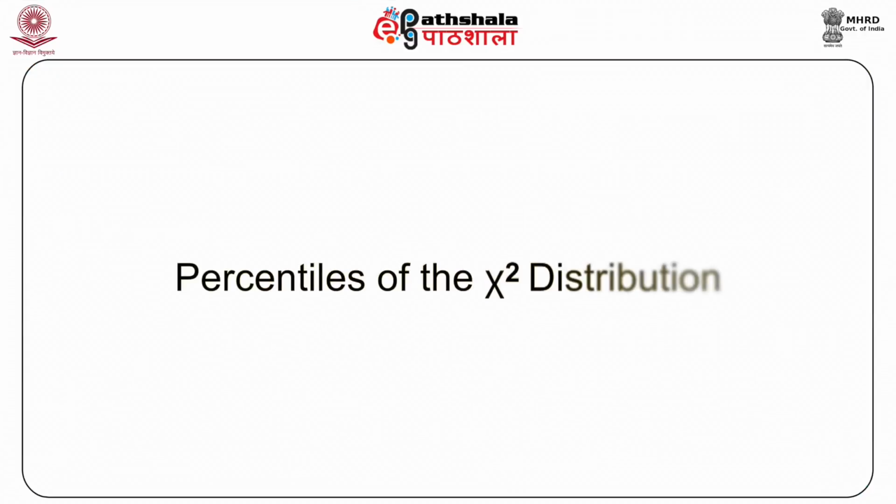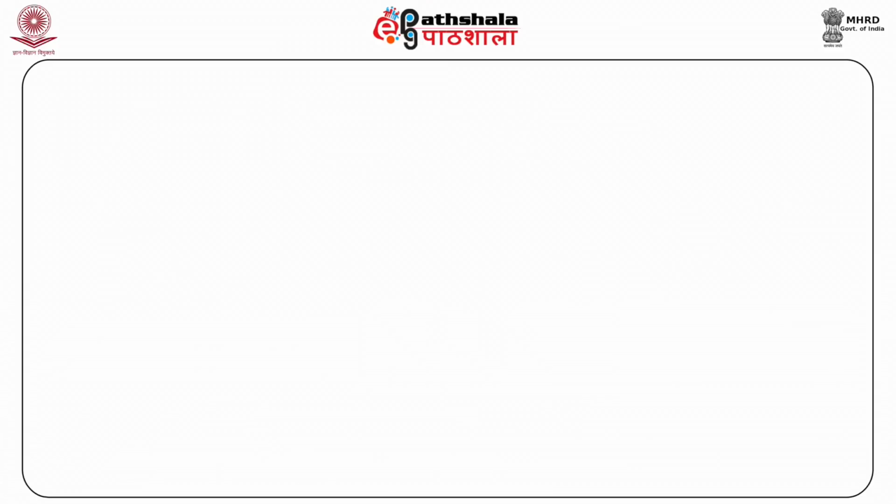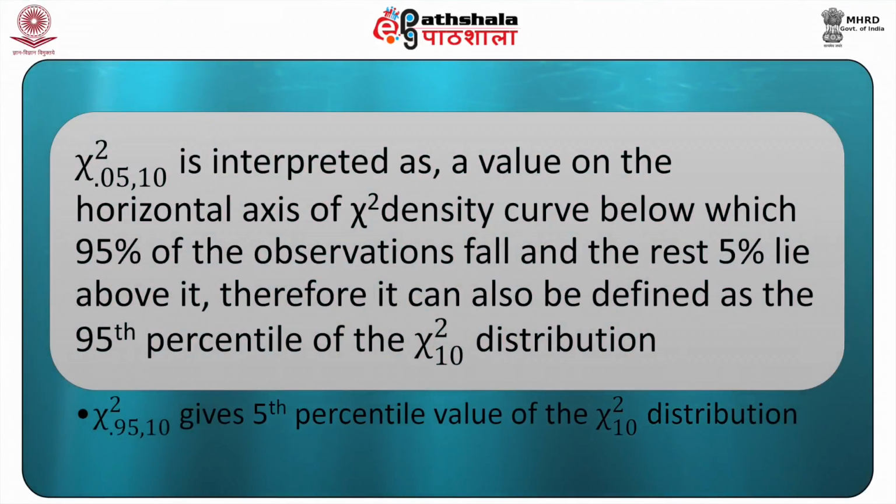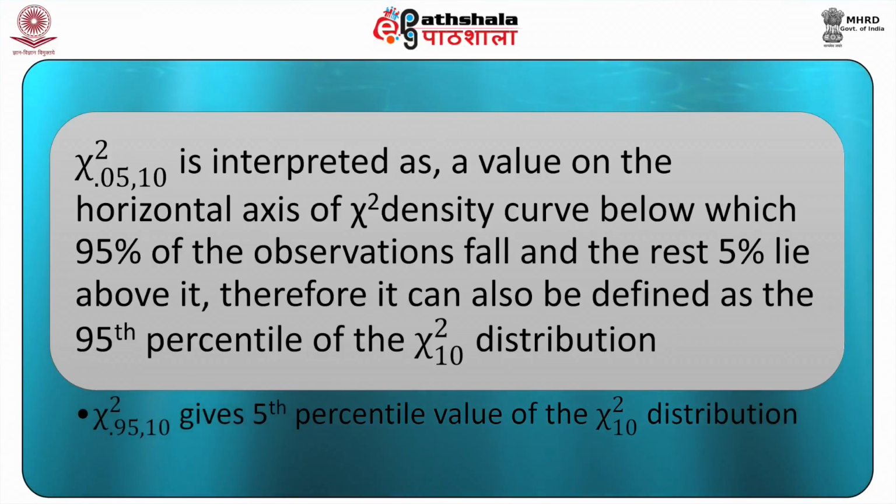The percentiles of the chi-square distribution. As we know, chi-square 0.05 comma 10 is interpreted as a value on the horizontal axis of the chi-square density curve below which 95% of the observations fall and the rest 5% lie above it.